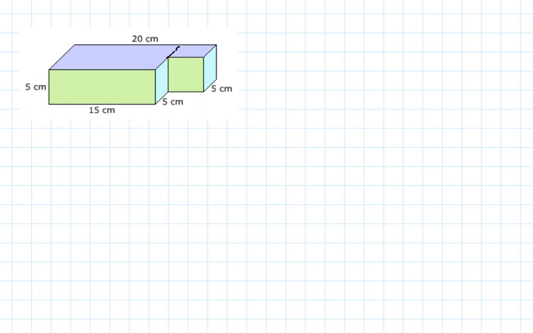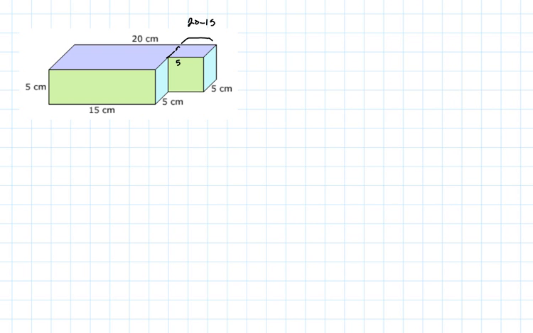The lengths. So we have 5. This side right here is missing a length. The way you look at it is you have 15 centimeters here and 20 on the other side. So really this area right here is 20 minus 15, or just 5. So that here is 5 centimeters.